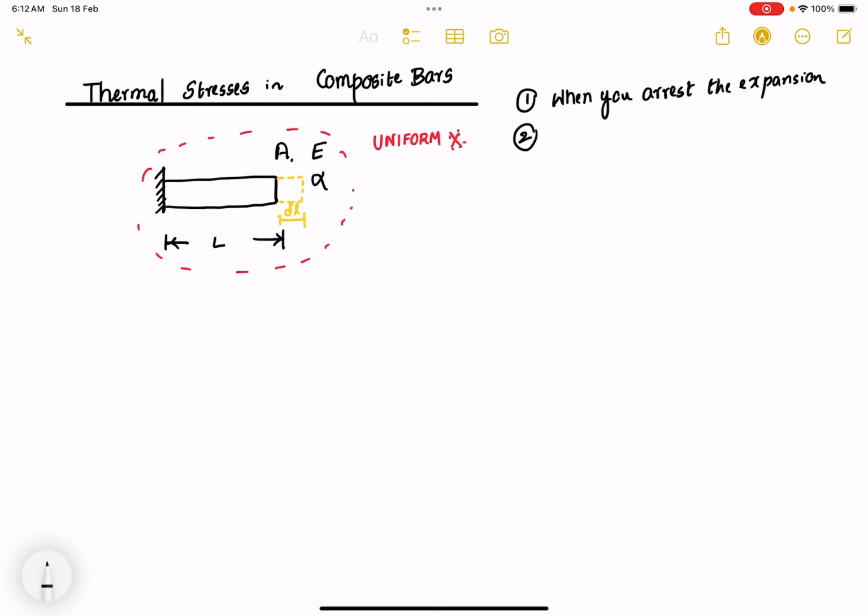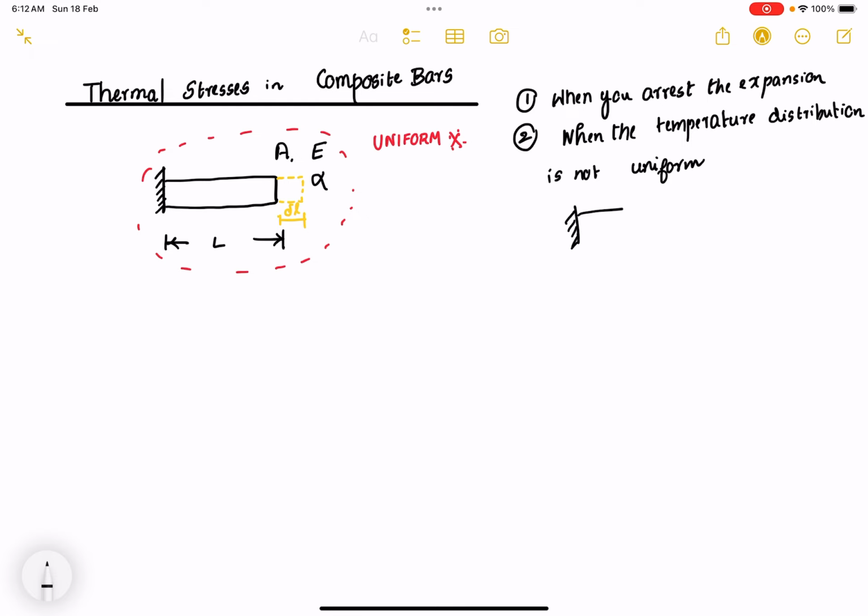And the second reason why thermal stresses would occur is when the temperature distribution is not uniform.